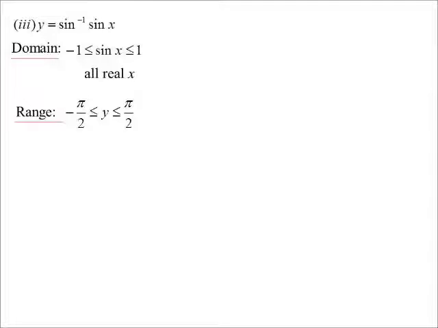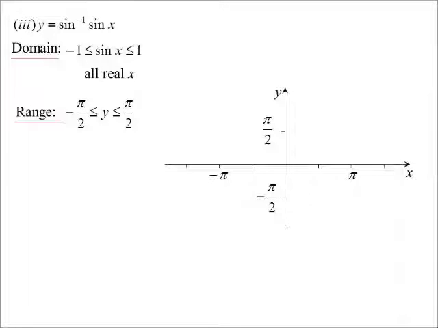So hang on, let's draw this. So it's all real x, so let's mark it off every boundary value, pi on 2. Now y equals x, and we're stopping at minus pi on 2 and pi on 2. But we know the curve keeps going. So what have we got? We got a zigzag. Right?